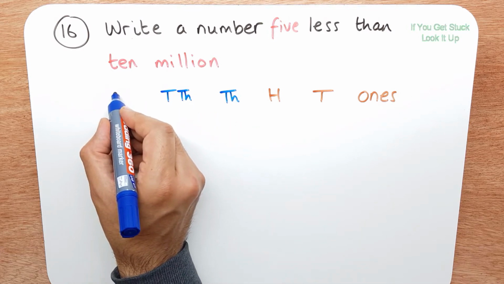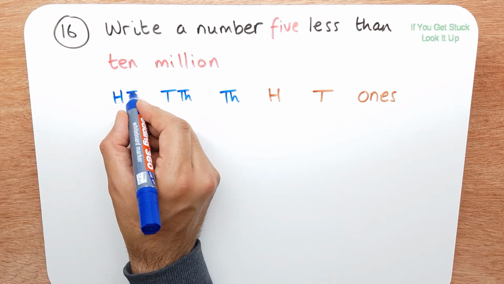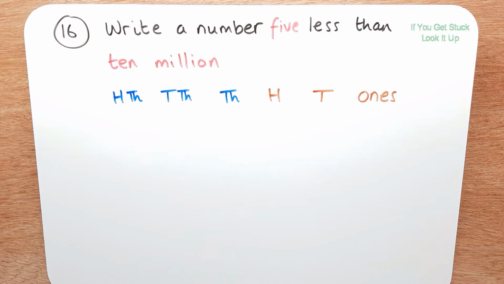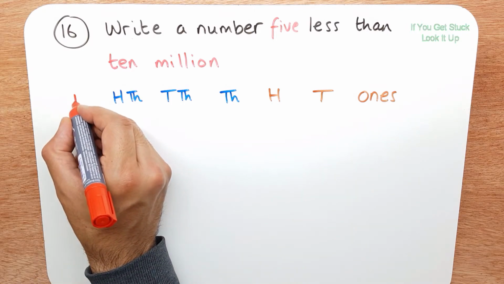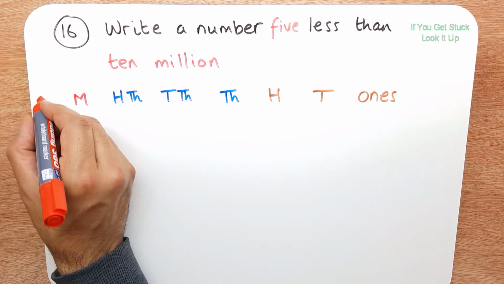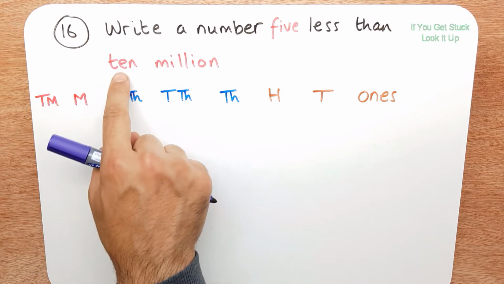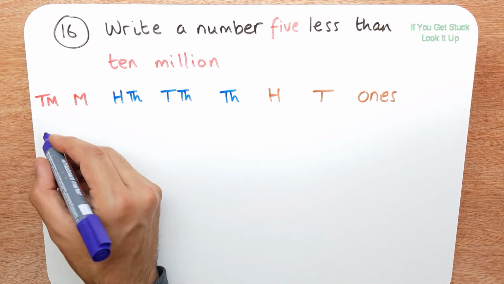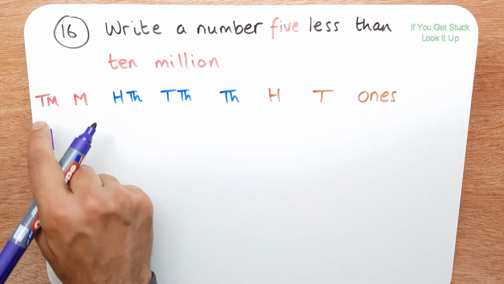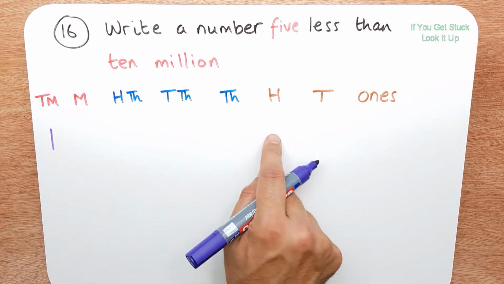And then you have the hundreds of thousands column. Then you have the millions column. And you have the tens of millions column. So 10 million would be 1 in the tens of millions column, and everything else would be zeros.